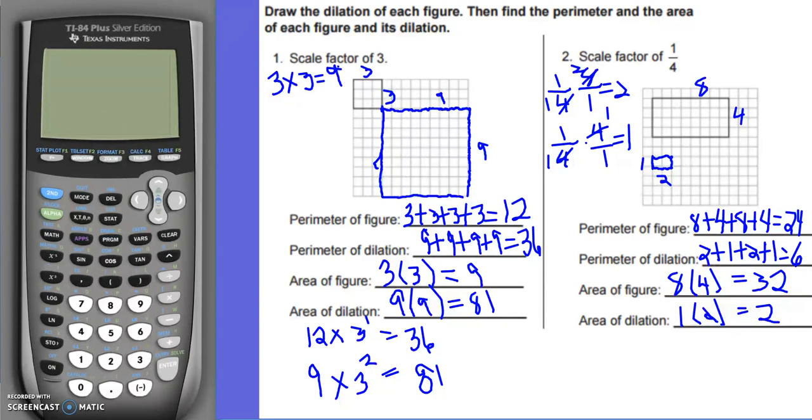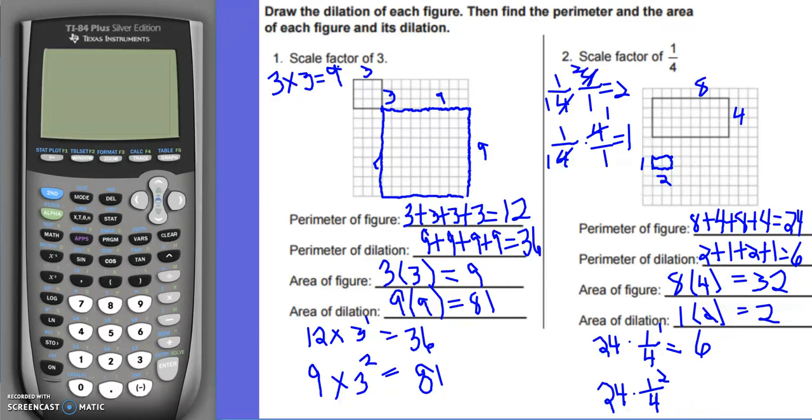Okay, we can do the power circle just to check it out. So we have 24 is the perimeter times the scale factor 1/4 to the first power. 1/4 to the first power is 1/4. 1/4 times 24 is 6. Okay, we can do 24 times 1/4 to the second power.